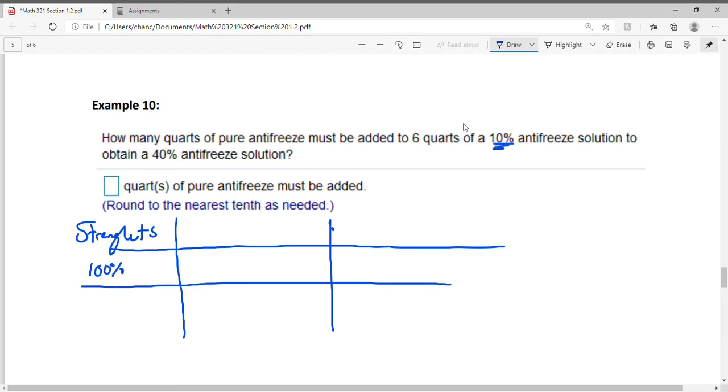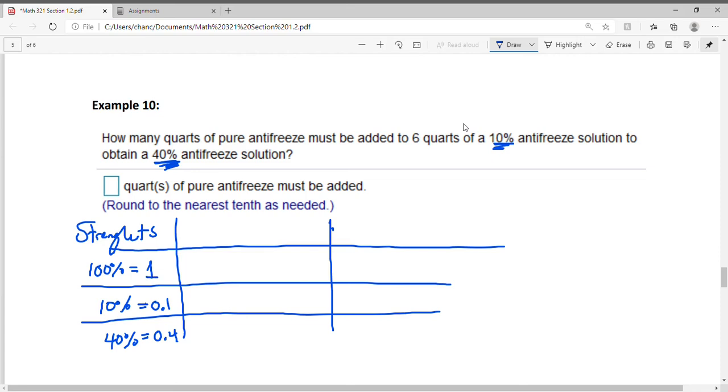There is the 10% strength. And then we want to end up with the 40% strength. Now 10% is equivalent to 0.1 as a decimal, and 40% is equivalent to 0.4. 100% is equivalent to 1.